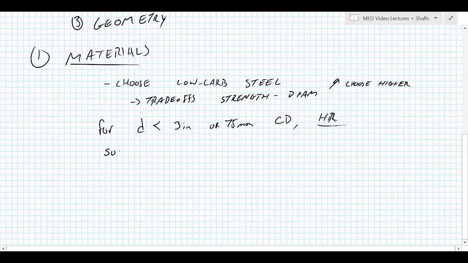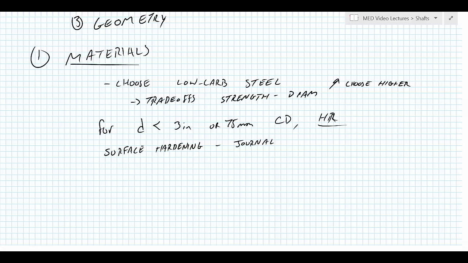And then you can do local things such as surface hardening on particular locations. For example, if you're going to use a journal bearing, where the shaft sits inside that journal bearing, or needle bearings that don't have an inner raceway and simply lay across the shaft, to avoid stress concentrations you may do some local surface hardening.